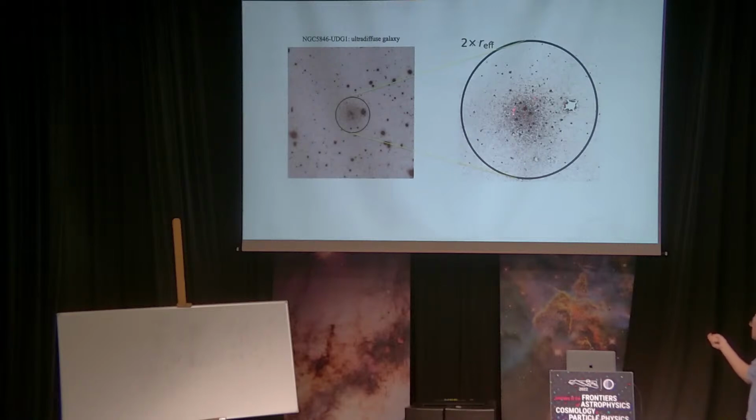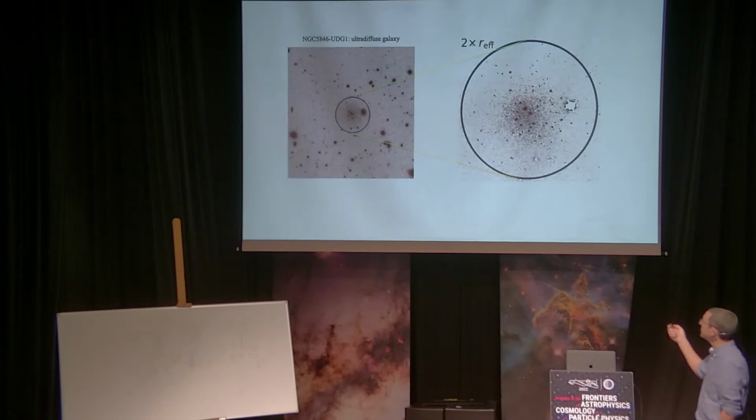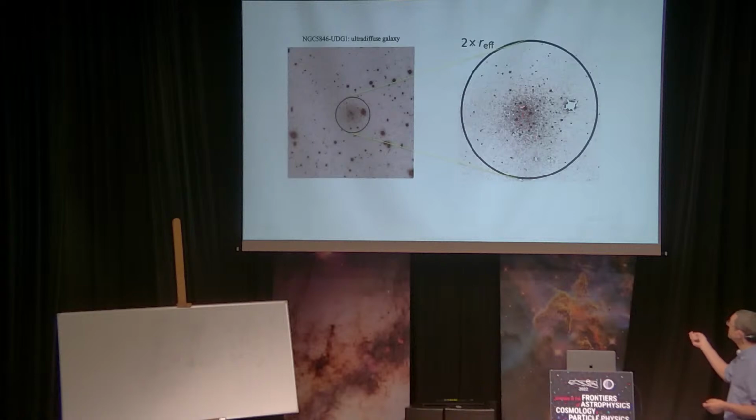You see that the big black spots tend to concentrate in the center, and the small black spots are more distributed in the outskirts of this galaxy. We think the bigger spots are more massive clusters. We think that this spot, from its luminosity, has in the ballpark of 1 million solar masses in it. The smaller spots have a few 10 to the 5 solar masses in them, okay?